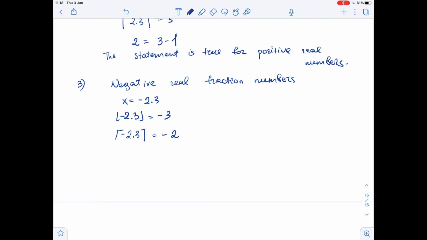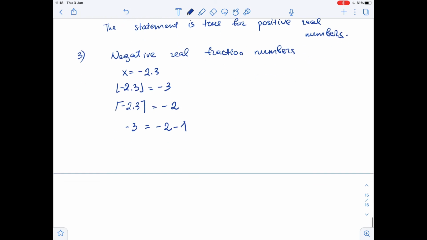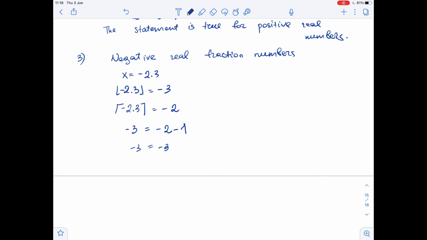Then the floor function of negative 2.3, which is negative 3, is equal to the ceiling function of negative 2.3, which is negative 2 minus 1. Well, then we get that negative 3 is equal to negative 3, which means that our statement is true for negative real fraction numbers.